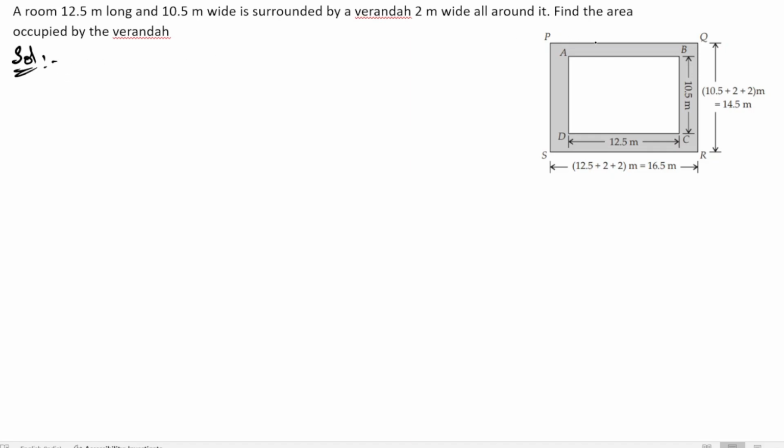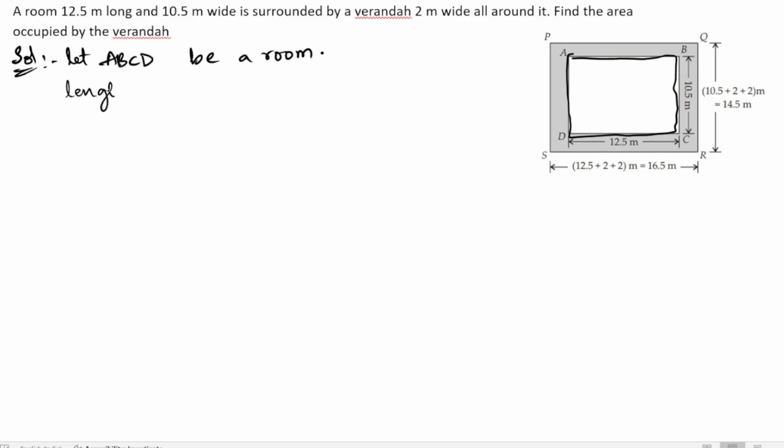Here we have to take the room. So the inside, this one is the room. So ABCD is the room. Let us write down, let ABCD be a room.